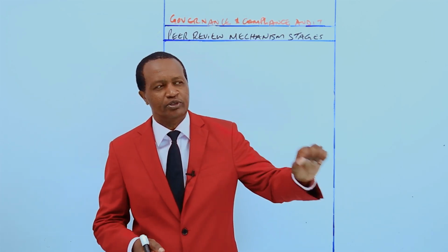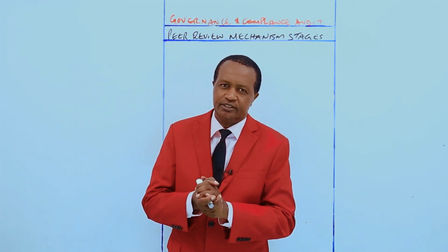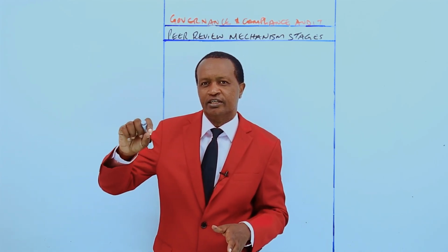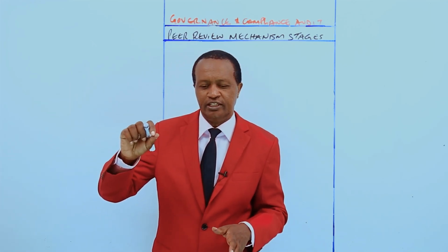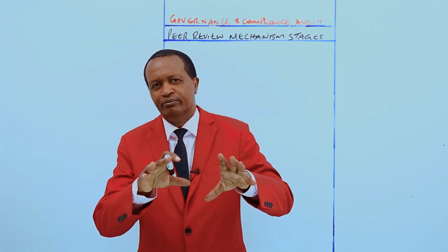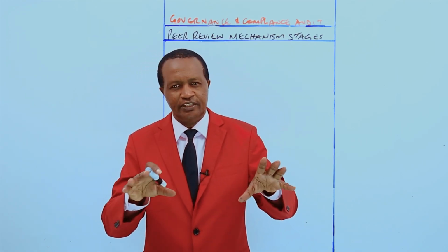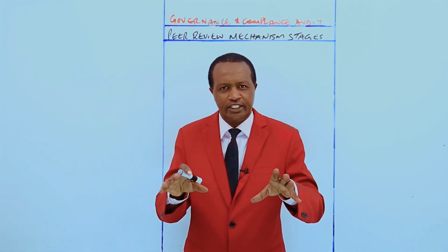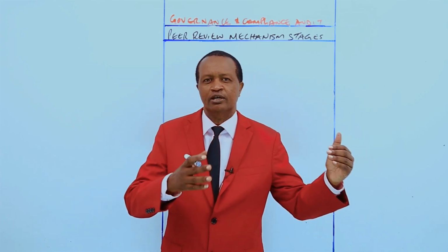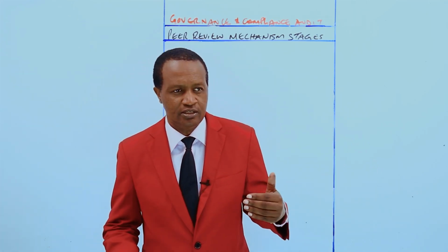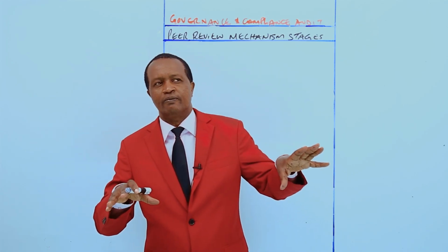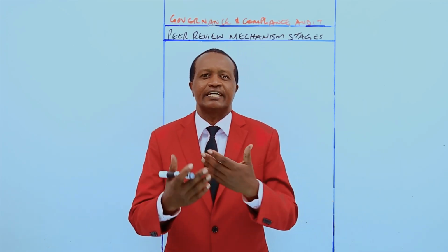While specific terminology and detailed steps might vary slightly depending on the administering body or the oversight body like the Institute of Internal Auditors or the AICPA, the core stages are generally consistent. The first stage is planning and engagement. Planning and engagement is always the first stage regardless of the oversight body's standards.